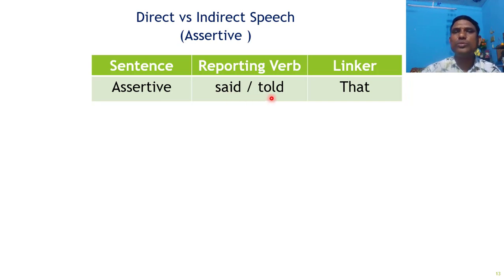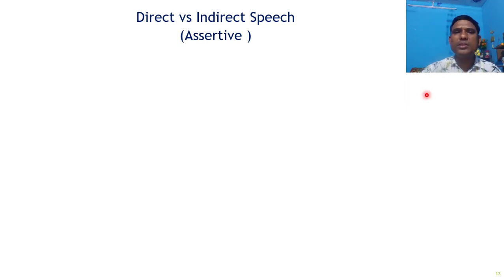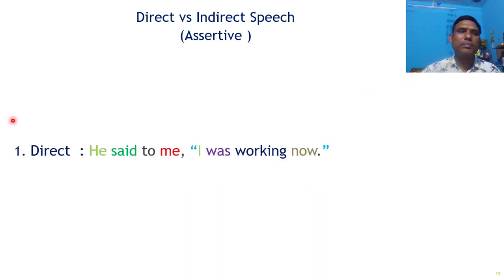Told is used with an object. Dear students, if you find the reporting verb in the present or future tense, you have to write the reporting verb in the present or future tense. That is used as a linker. Now let's enjoy the examples.